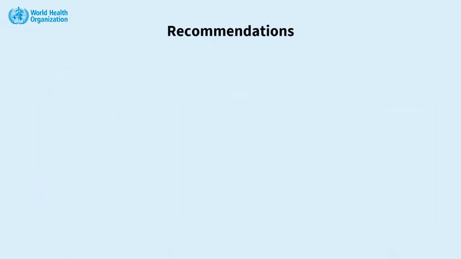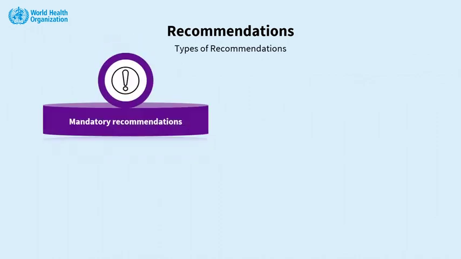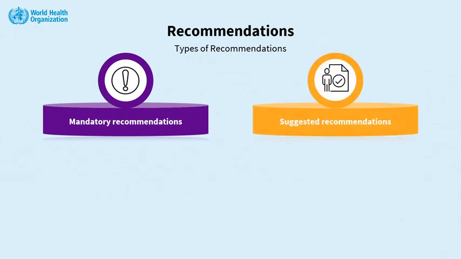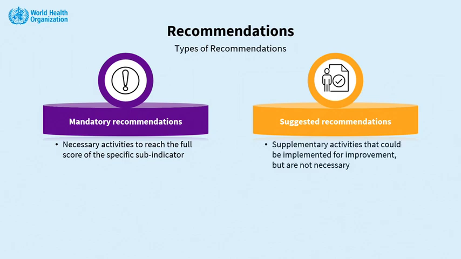It is important to underline that there are two types of recommendations that can be provided: mandatory recommendations and suggested recommendations. Mandatory recommendations include activities that are necessary for achieving the full score of a specific sub-indicator, while suggested recommendations consist of supplementary activities that can be implemented for improvement but are not necessary.